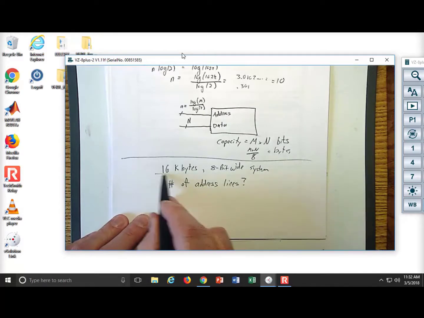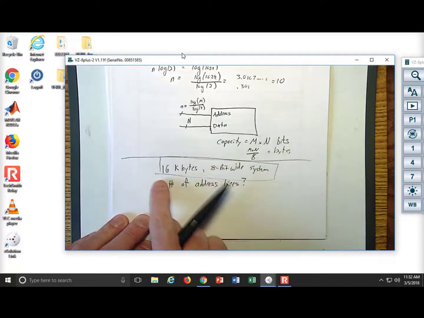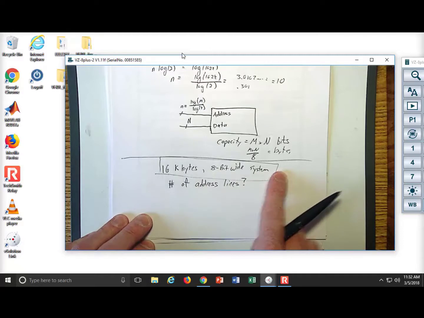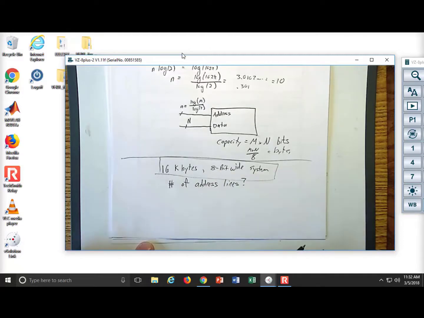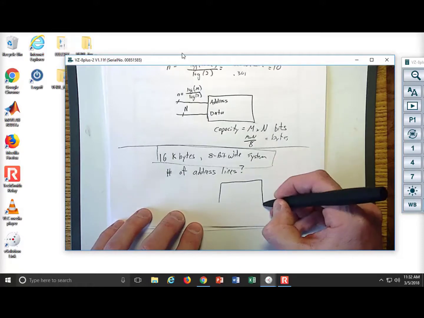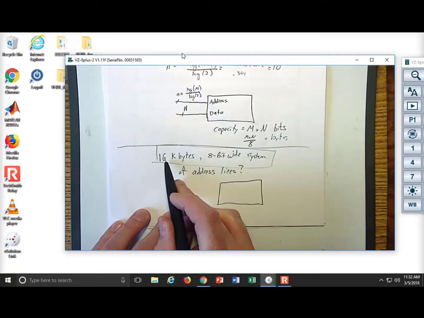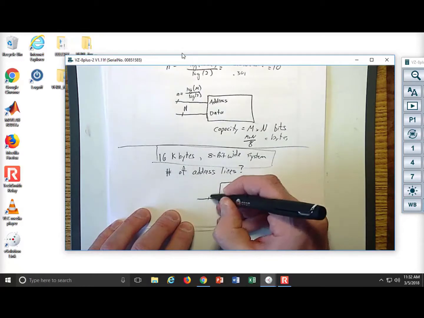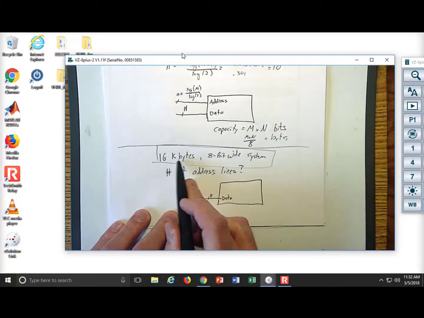So somebody walks up to you and says this, I have 16K bytes, and it's 8 bits wide, and they want to know how many address lines you have. Since they gave this to me as the data is actually 8 bits wide, that handled the bytes.